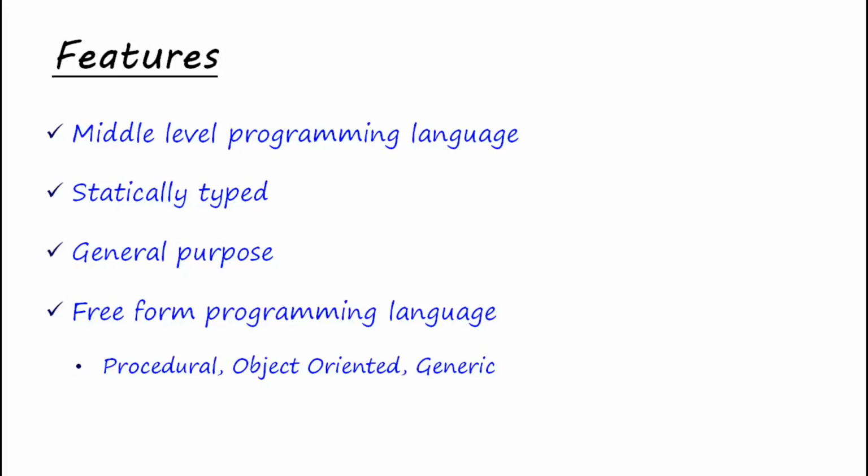Basically, in this programming language, you can make a function which does something, and this function is capable of handling integers, decimal values, and strings also. So that is the magic of generic programming. C++ supports all the three: procedural, object oriented, and generic.